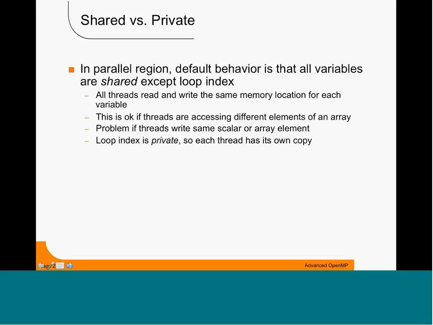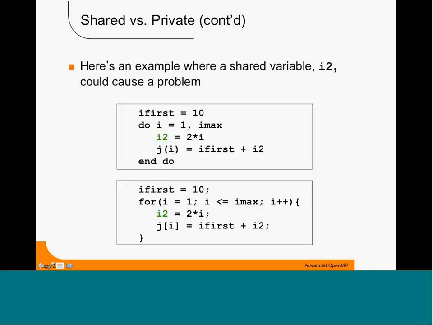It's okay until multiple threads are going to write to that variable. In that case, you will have different values for the same variable in different threads. So the loop index is private, so each thread has its own copy of that.